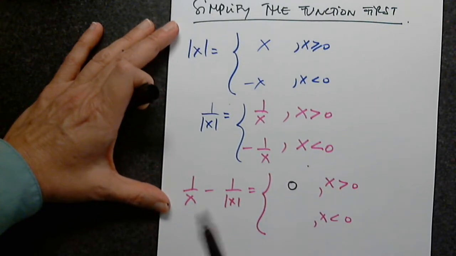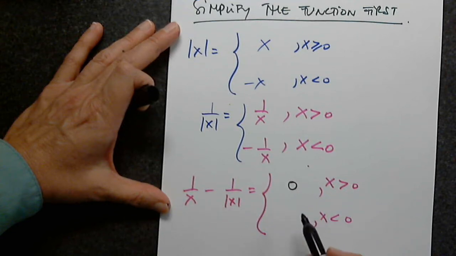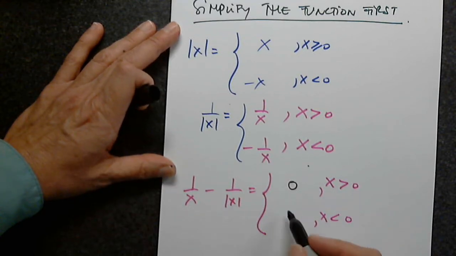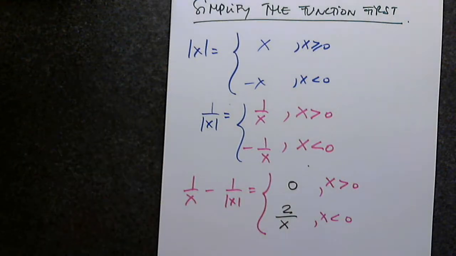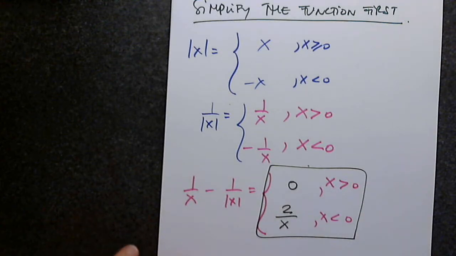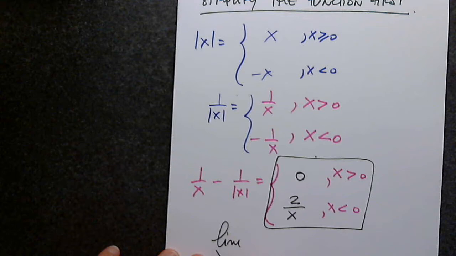And the other option is, careful, minus minus, plus 1 over x. An apple plus an apple is always 2 apples. So we simplified the function fully. This is the simplified form of the given function.